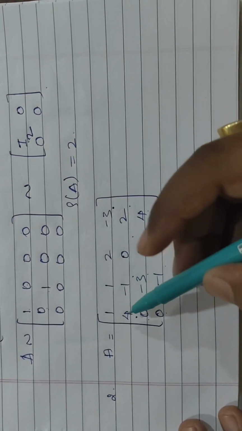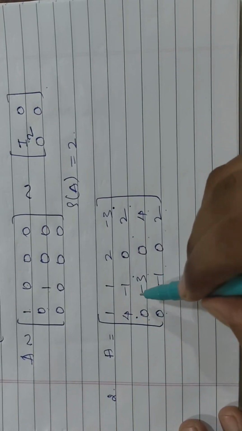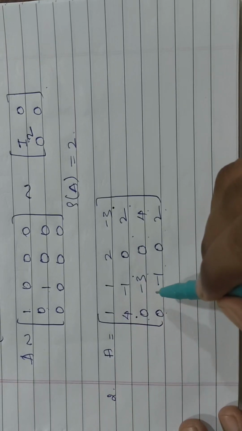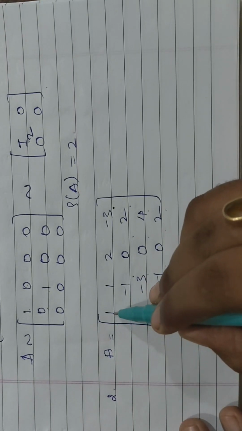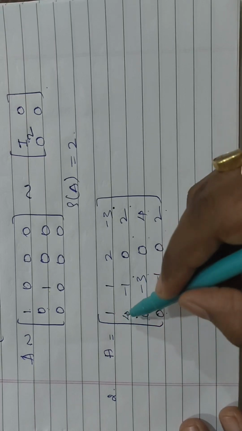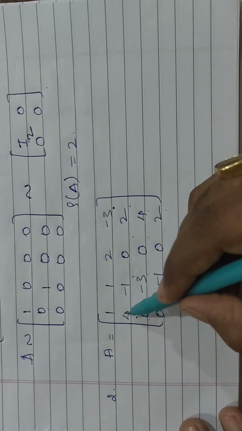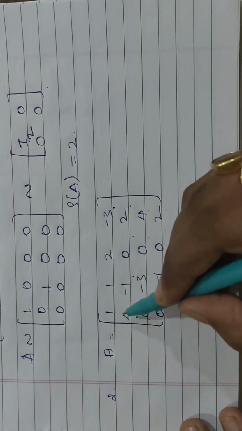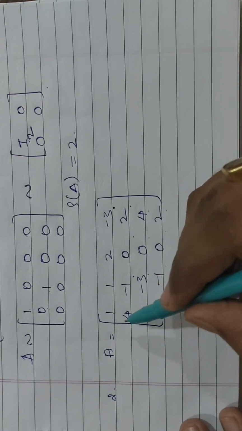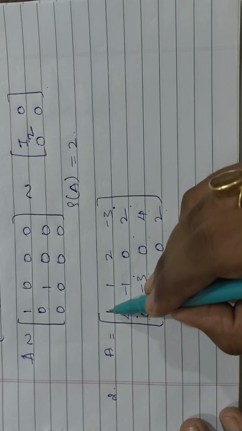See here, to reduce this given matrix to echelon form, the first step is we need to move to first row, first element, and below that we need to make 0. And these two are already 0, so I am left with only this one.